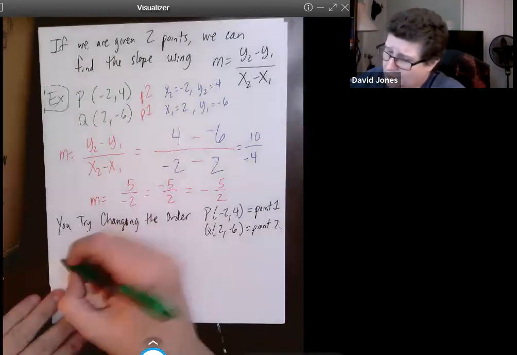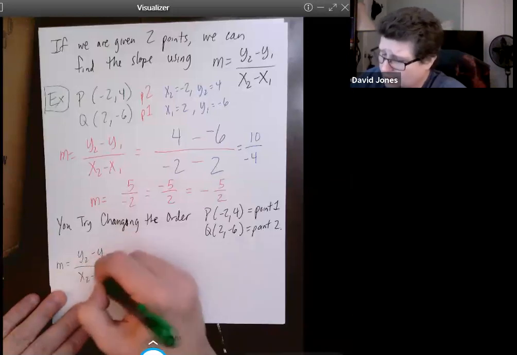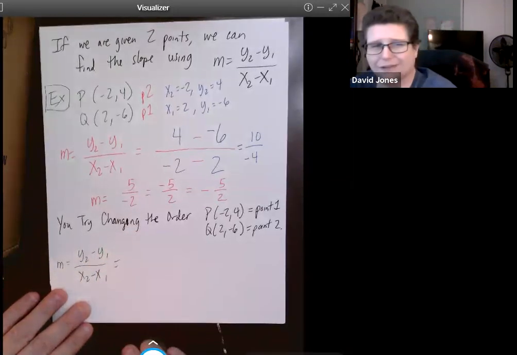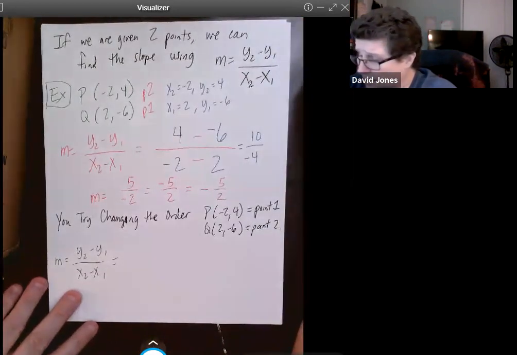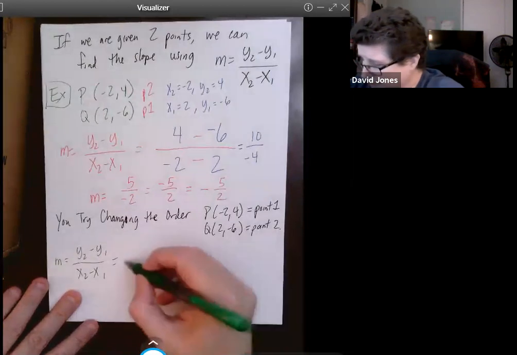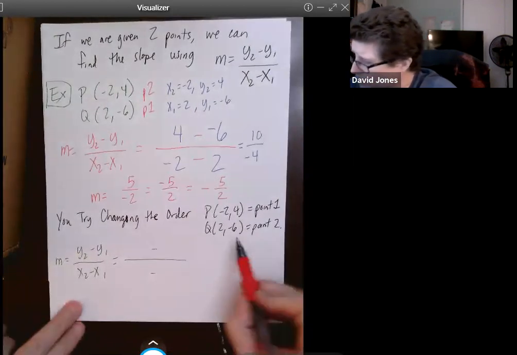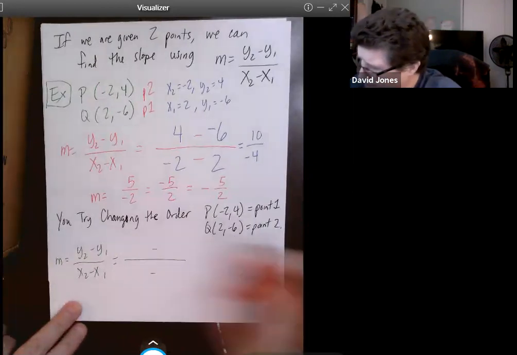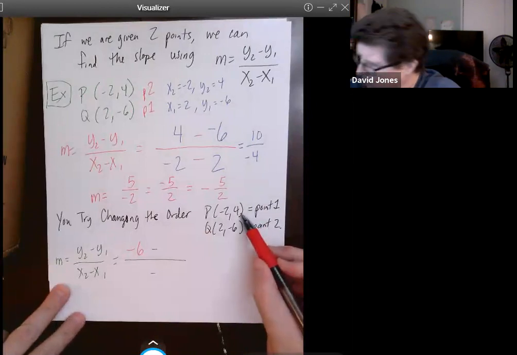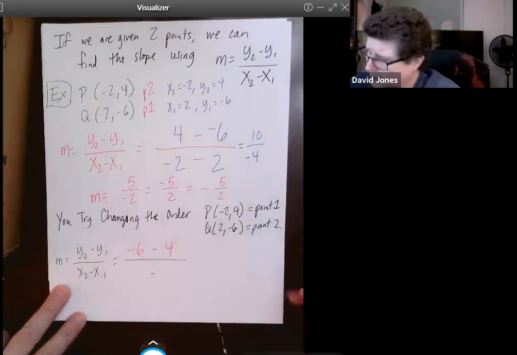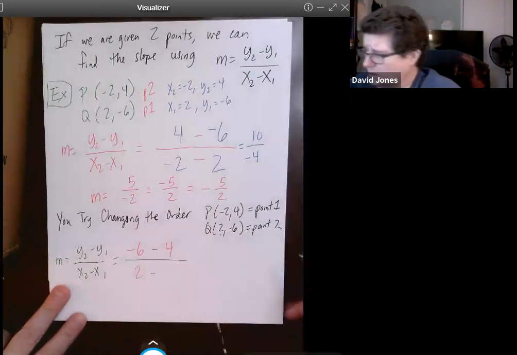I've got m equals y2 minus y1 over x2 minus x1. You can flashcard that to memorize it easier. Let me put in my fraction bar and my negative signs. y2 is the y value on Q, which is -6. y1 is the y value on P, which is 4. x2 is the x value on Q, which is 2.